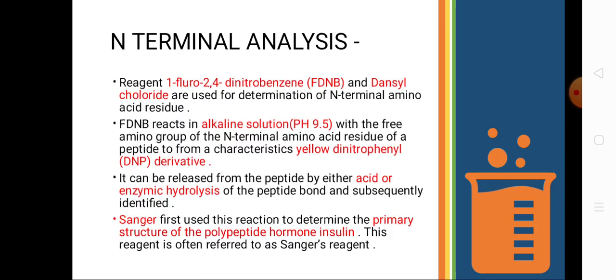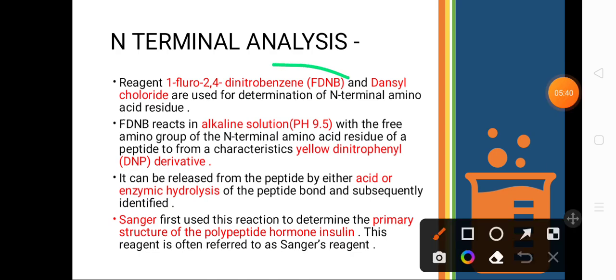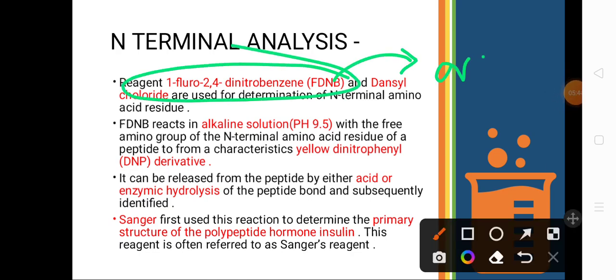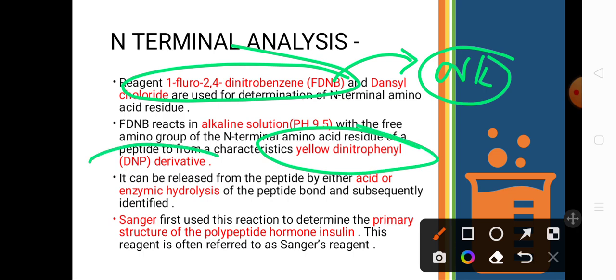So for a quick recap, 1-fluoro-2,4-dinitrobenzene reacts with the free amino group of the N-terminal amino acid residue of the peptide and gives us a yellow colored dinitrophenyl derivative. This derivative can be removed by acid hydrolysis or enzymatic hydrolysis from the rest of the peptide, and then by further analysis we can find out which amino acid it is, right?